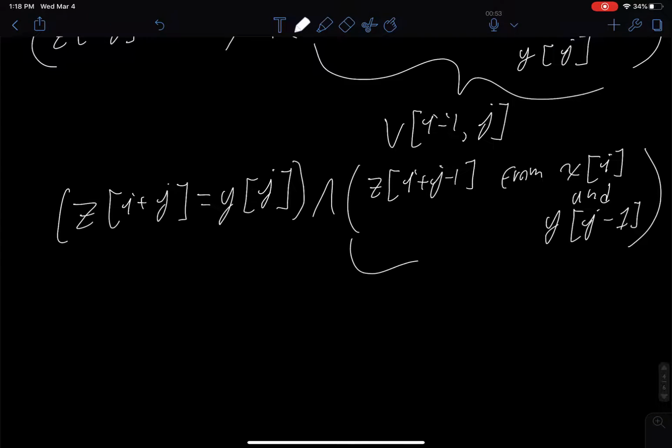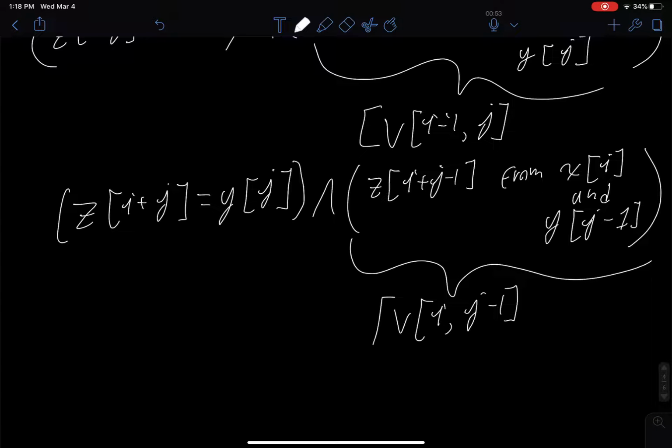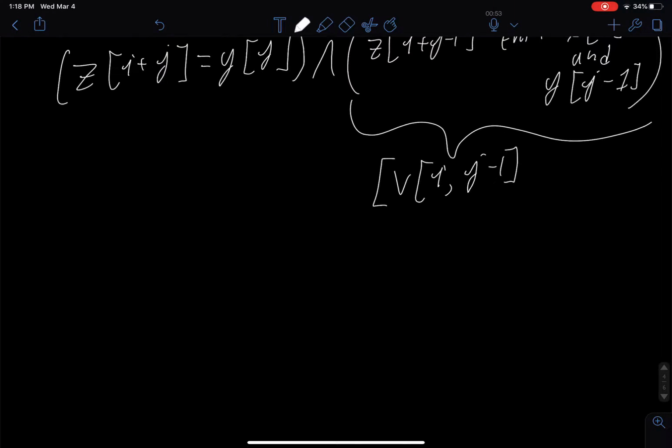In the language of our subproblems, this is equal to v_{i,j-1}. So we can now very concisely express a logical way to give v_{ij} in terms of v_{i-1,j} and v_{i,j-1}. We'll write it all out right here.